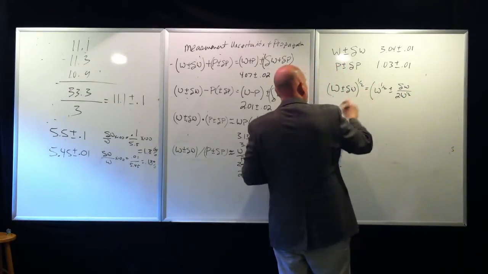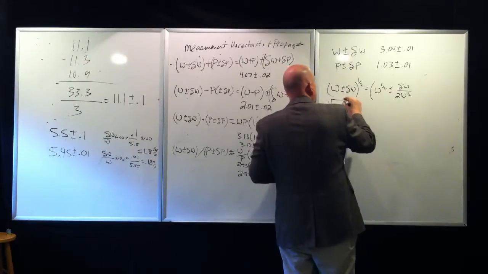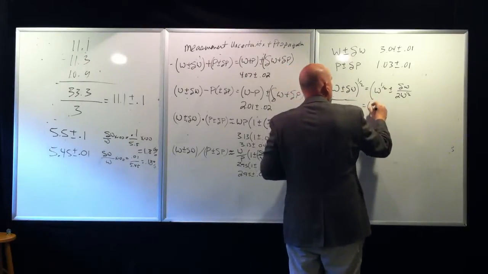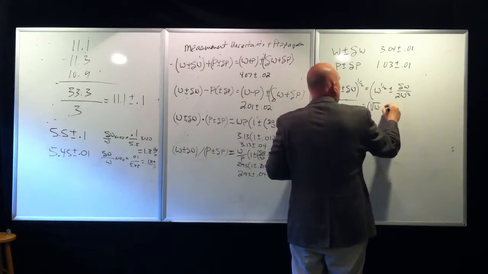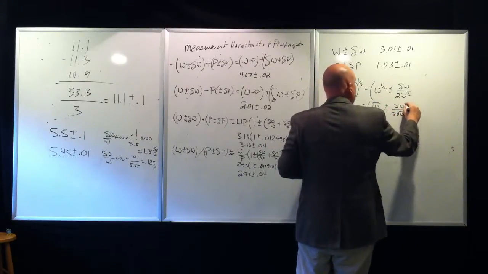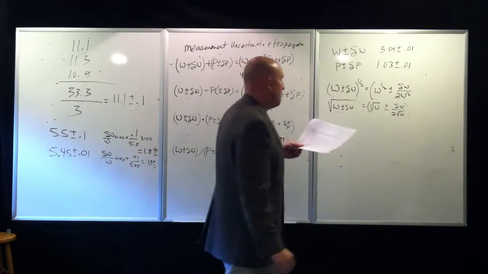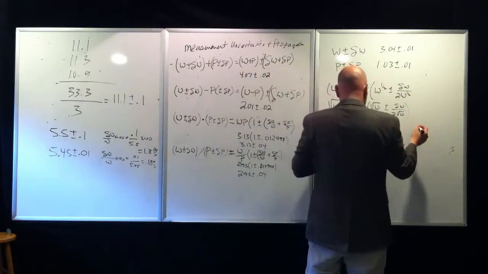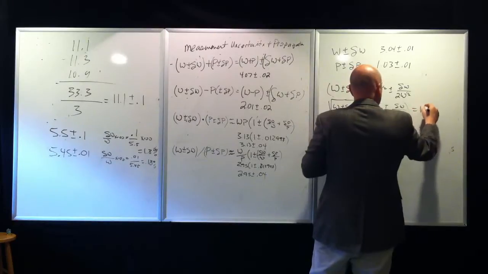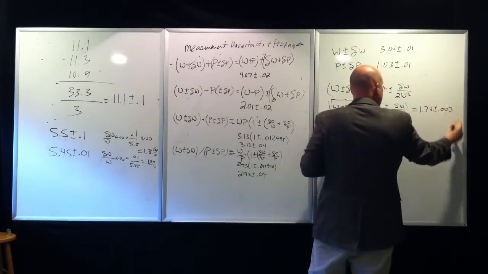Or this can be thought of as the square root of W plus or minus delta W over 2 square root of W. The result, using these numbers, would be 1.74 plus or minus 0.003.